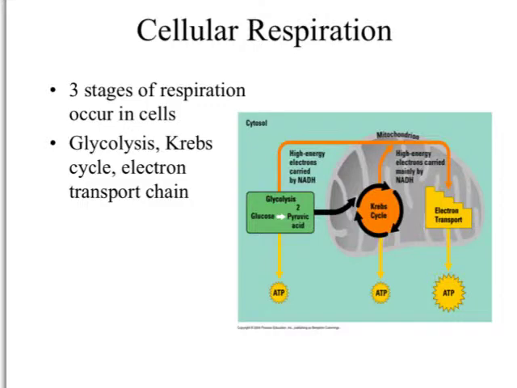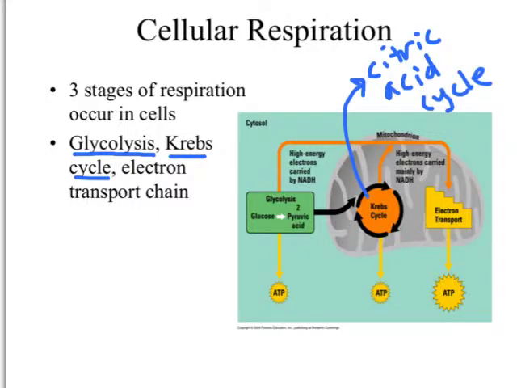The three small steps in which cells harness this energy from redox reactions are what we call the three stages of cellular respiration, and they occur in different parts of the cell. We have glycolysis, which occurs in the cytosol, or the cytoplasm. We've got the Krebs cycle, also known as the citric acid cycle, which occurs in the mitochondria.